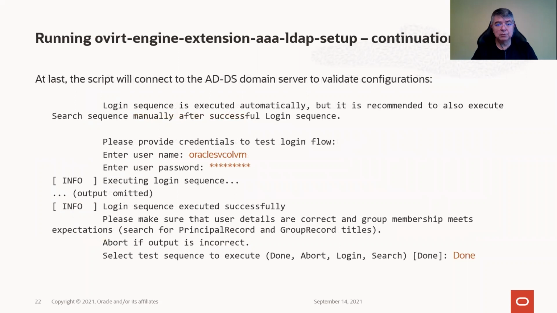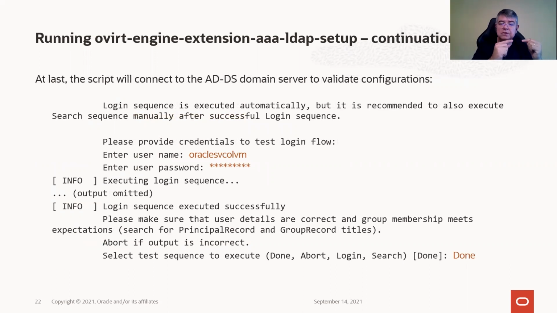Okay, at this point, the system stored that information, but after storing that information, the script needs to run an LDAP lookup at the server and needs to authenticate one user to confirm it can use that configuration for the system.